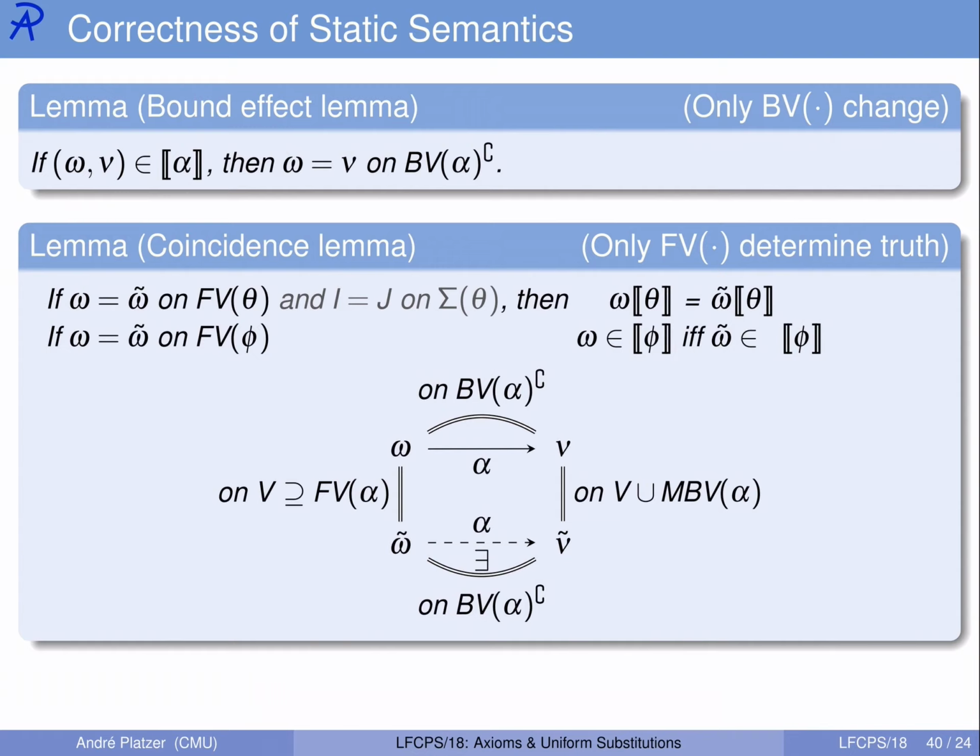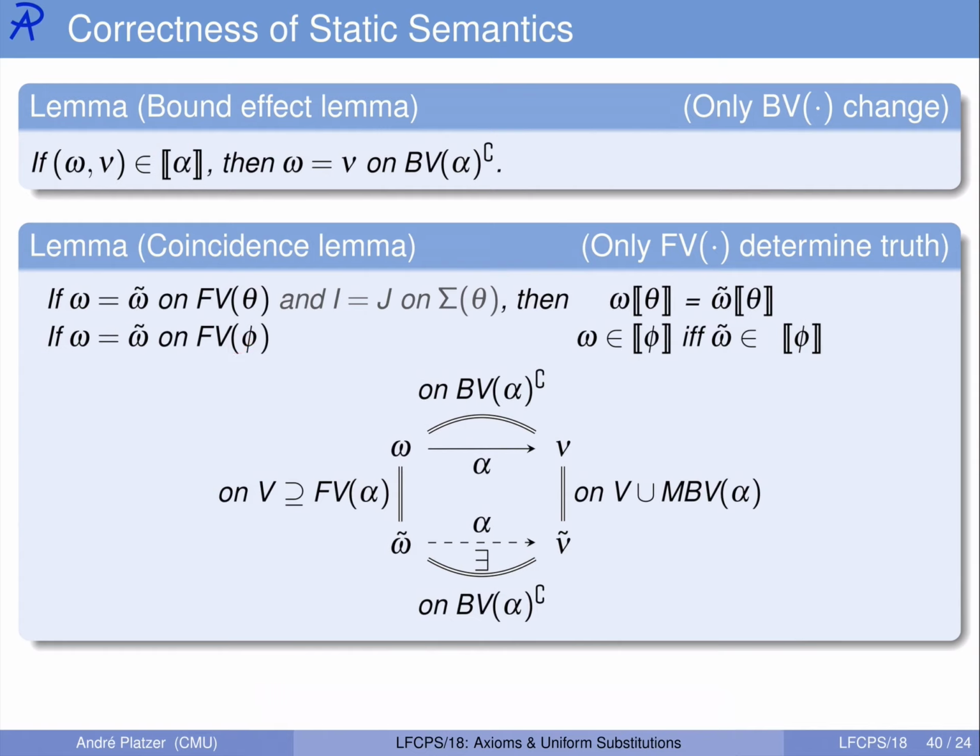The coincidence lemma is the dual to that, telling us what correct free variables are. If we have two states which agree on the free variables of the term, then if we take the term and evaluate in the one state and take the term and evaluate in the other state, we ought to get the same real number back. And likewise for formulas. A formula is true in one state if and only if the formula is true in the other state, as long as the two states agree on the free variables of the formula.